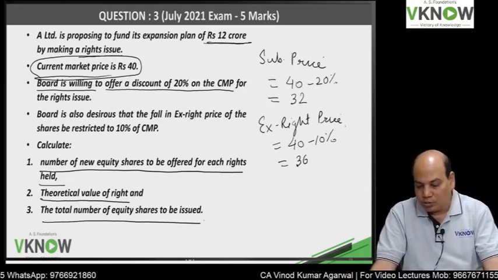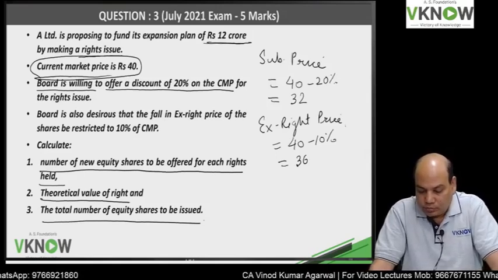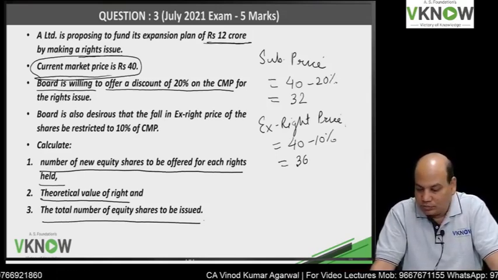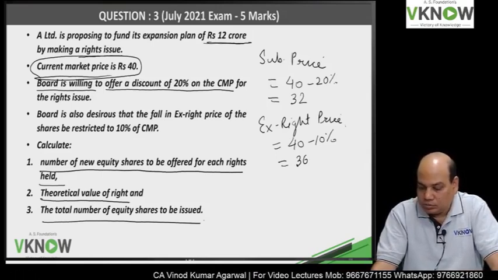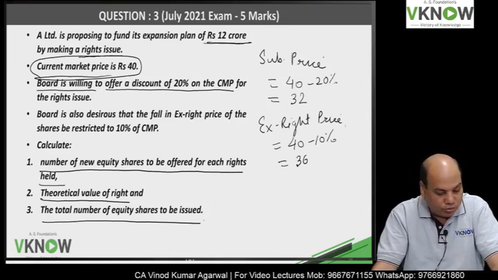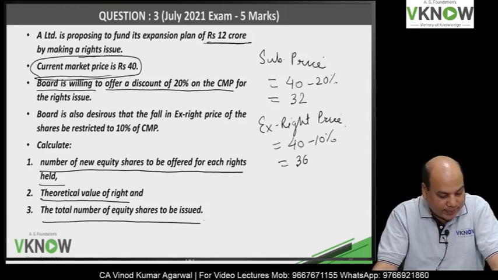Number of new equity shares to be offered for each right held. So what is the ratio they are asking you? What is the ratio of the rights issue? Whether it is 1:2, 1:4, 4:1, something like this.